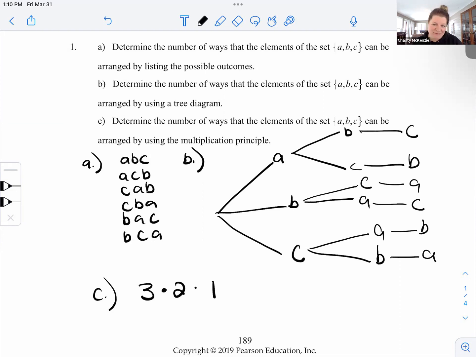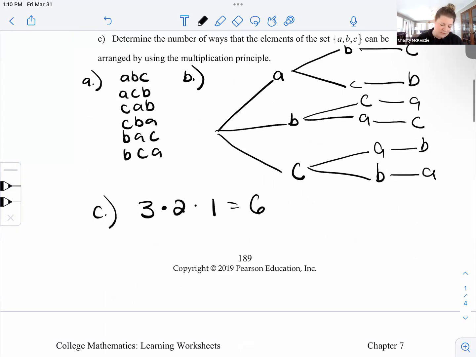My tree diagram follows that 3, 2, 1. So we could get 6 total. When we do the counting principle, we have 3 options for the first one. We could pick A, B, or C. Well, we use that first one, so then we only have 2 options for the second one and 1 option for the third. Sometimes those options will stay the same and sometimes they will count down. Very tricky when you read the problems on which is which.